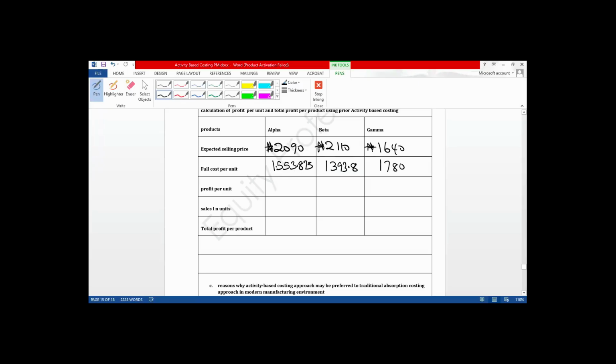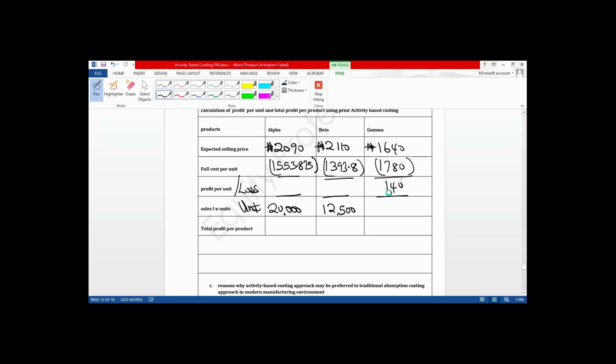You can now get your profit or loss per unit. This one will give us a loss. The last one is negative 140.